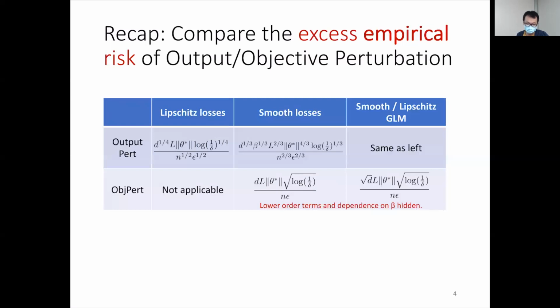In contrast, output perturbation, while it works more generally and covers the Lipschitz loss functions as well, suffers from a worse dependence on the number of data points, and that makes it an inferior algorithm compared to objective perturbation in many cases.